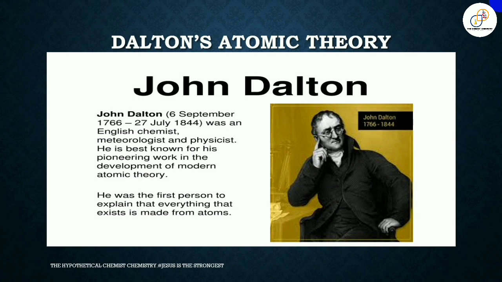We also made mention of an ancient Greek thinker by the name Democritus, who suggested in 500 BC that matter is made up of tiny particles. These tiny particles were named by this great thinker as atom, from the Greek word atomos, which means indivisible.